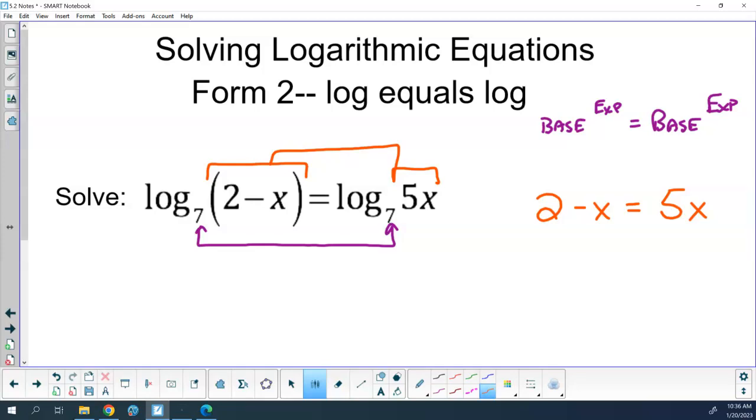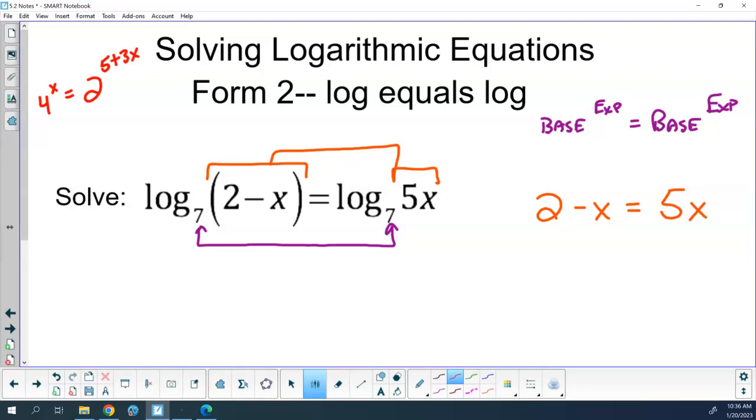Now that only works in base equals base. In logs, it's got to be written that way. In exponentials, you might be able to manipulate one of your bases to get it to be equaling base equals base. What I mean by that is, if you have 4 to the x power equals 2 to the 5 plus 3x power.